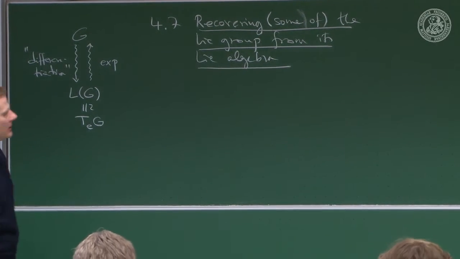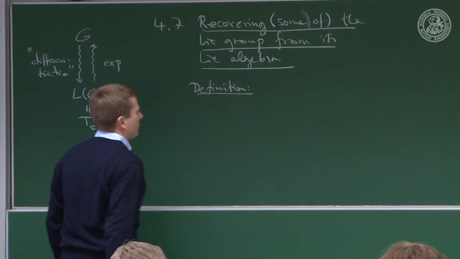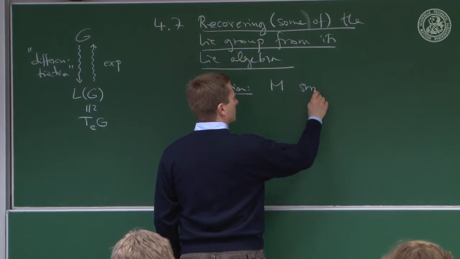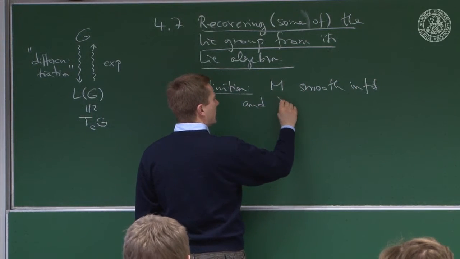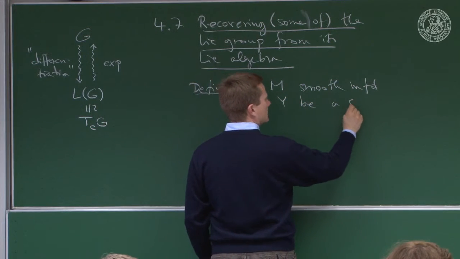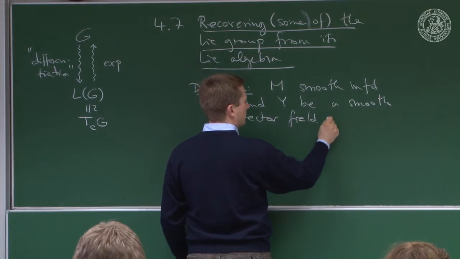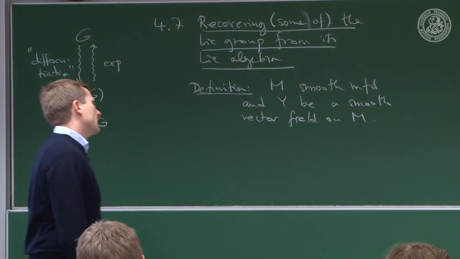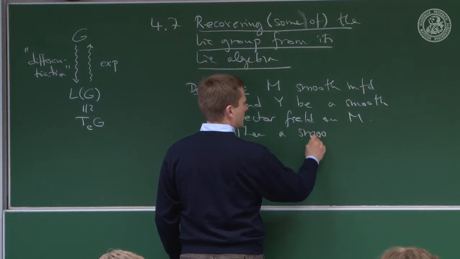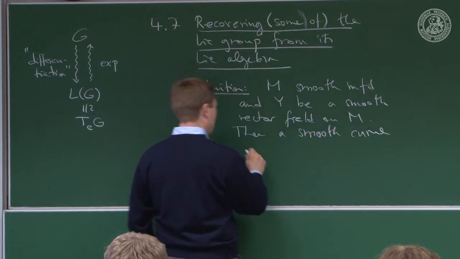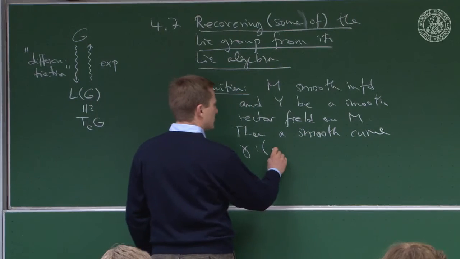Well, but the first thing I want to provide is a definition we could have brought much earlier. And that's the following. Let M be a smooth manifold, and let Y be a vector field, a smooth vector field on M. Then an integral curve, or then a smooth curve gamma, and now we've got to be a little careful with the parameter range.